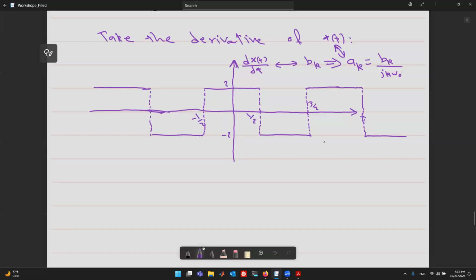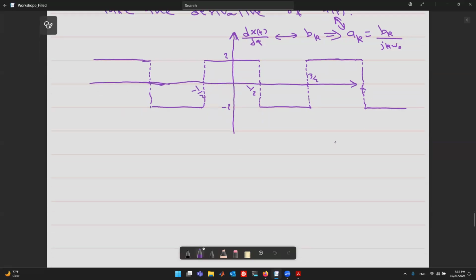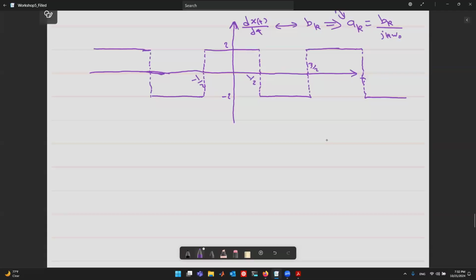No, I mean the signal itself. What will happen to this signal if we take the derivative one more time? It will be zero most of the time, but not always zero.